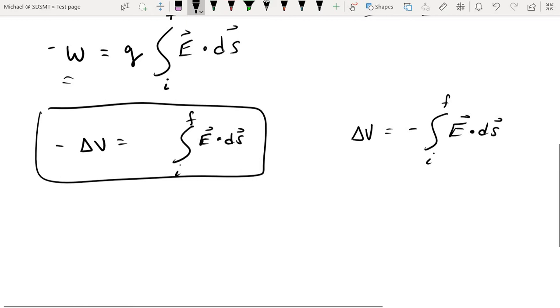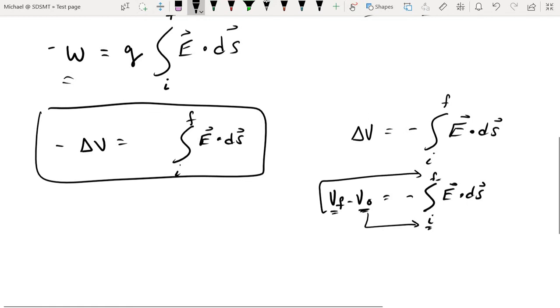And I'm just moving the minus sign over to the other side because eventually it is the individual values of electric potential that we want to find as we move from one initial location to a final location. And these will be the corresponding potential values at those initial and final locations.